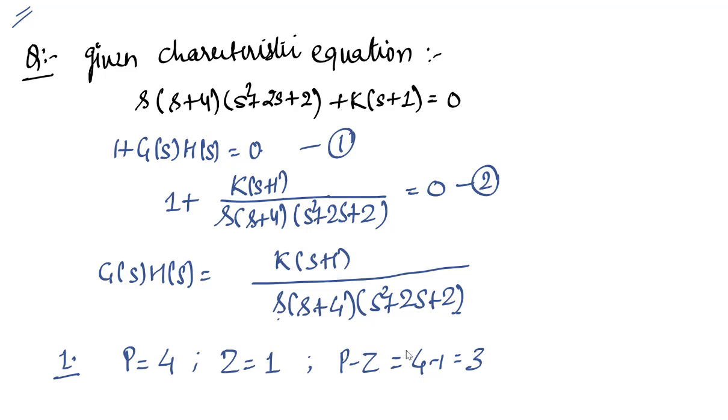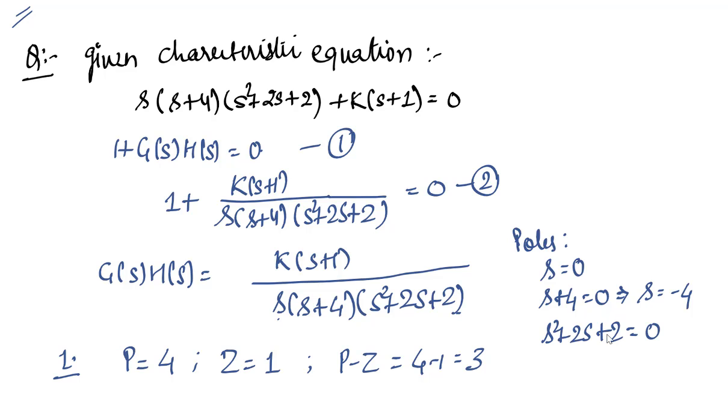Is it right? So next thing would be to draw these poles and zeros configurations, right? So we can find out the poles would be at s is equal to 0. Similarly s plus 4 is equal to 0, that's why s would be equal to minus 4, and we have s square plus 2s plus 2 is equal to 0, right?